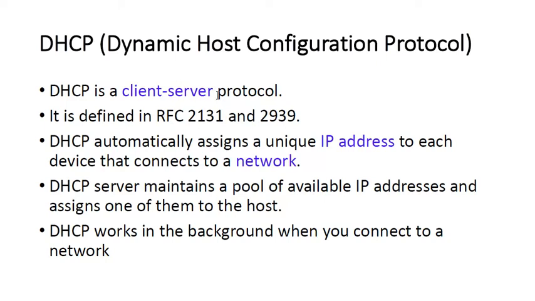The server offers and delivers the IP configurations, and the client requests and acquires the IP configuration. When the request is made, the IP address is delivered from the server side, and all this activity is held in the background. That's why DHCP works in the background when you connect to a network.